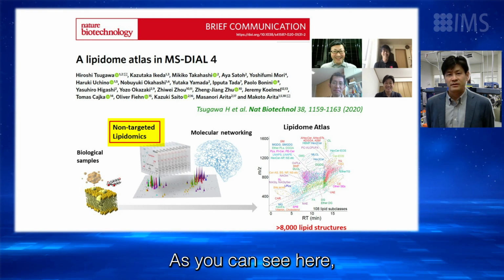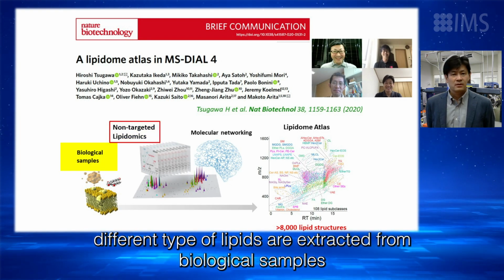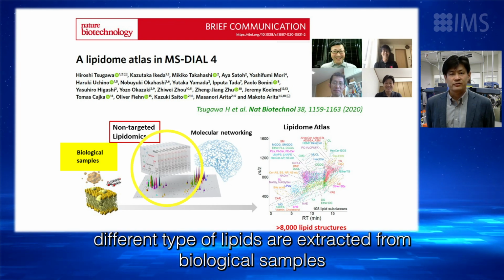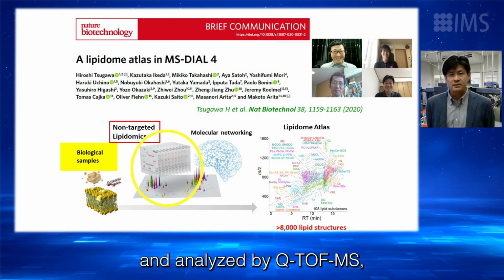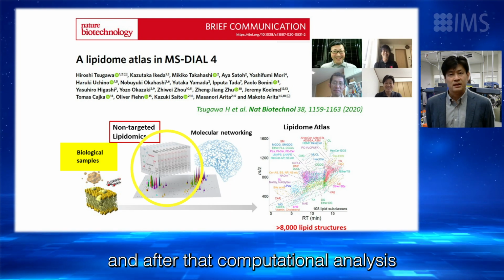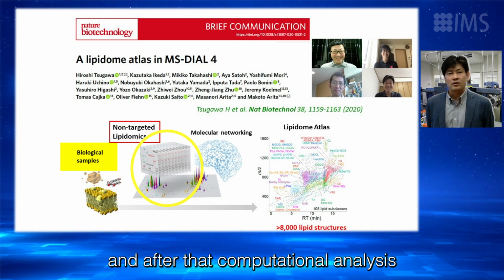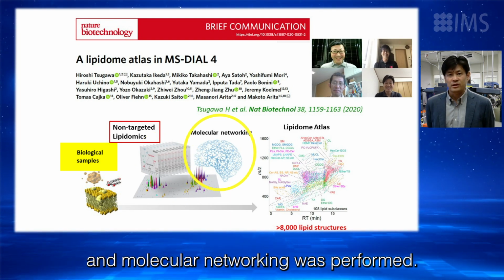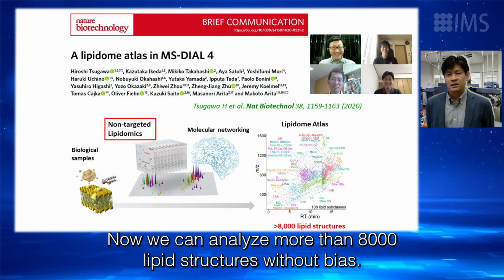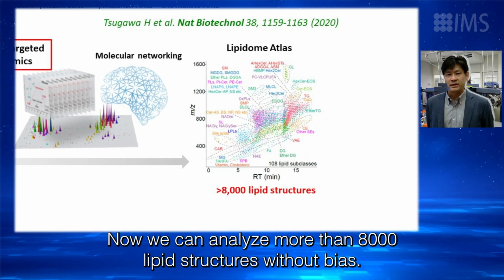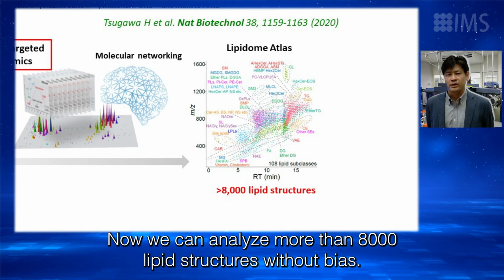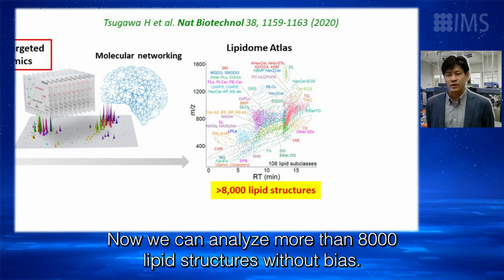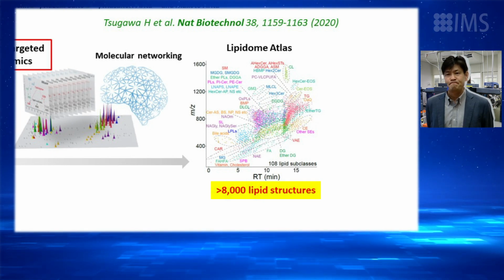As you can see here, from biological samples, different types of lipids are extracted and analyzed by the QTOF type MS, and after that, computational analysis and molecular networking is performed, and now we can analyze more than 8,000 lipid structures in an unbiased way.